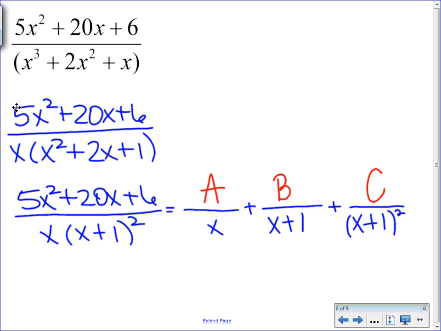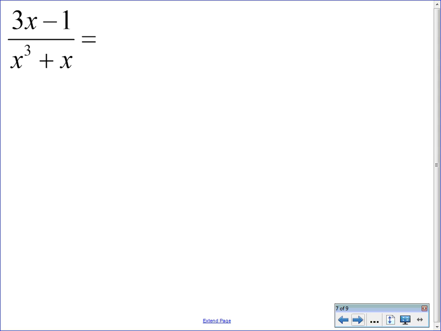Other questions about this equation? This one. What does our denominator factor to?